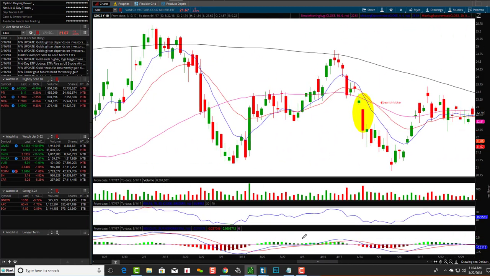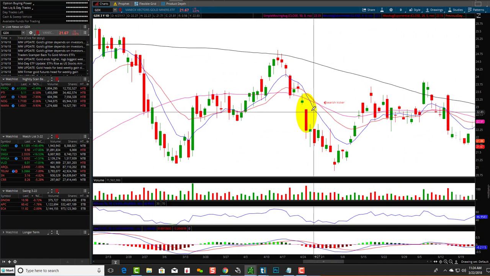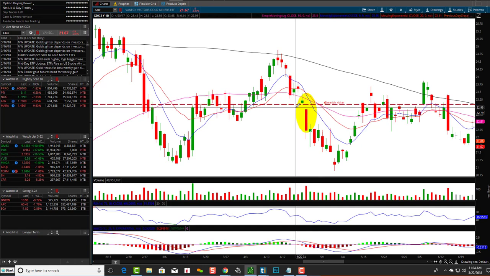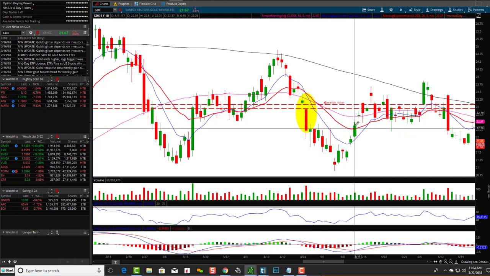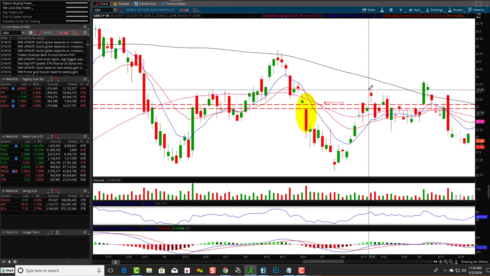And we'll take a look at GDX. You can see this gap right here that's created, gap down, bearish kicker. So the candlesticks, it's dropping down, and we've got the volume here. Price falls back down, gravitates back to the moving average lines. What's it do? Starts creating some indecision right around the gap, goes and fills it, gets a little crazy, jumps back above.